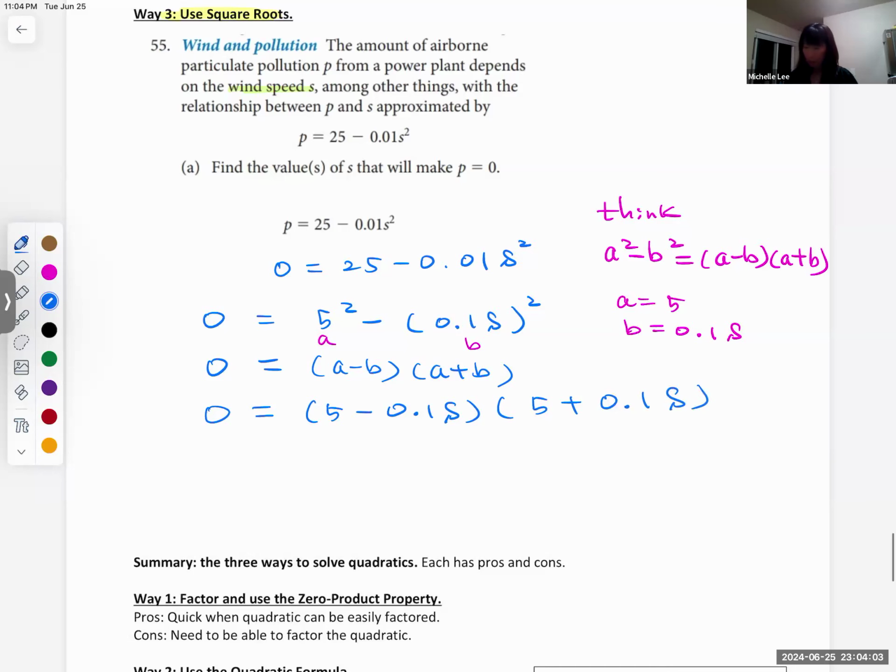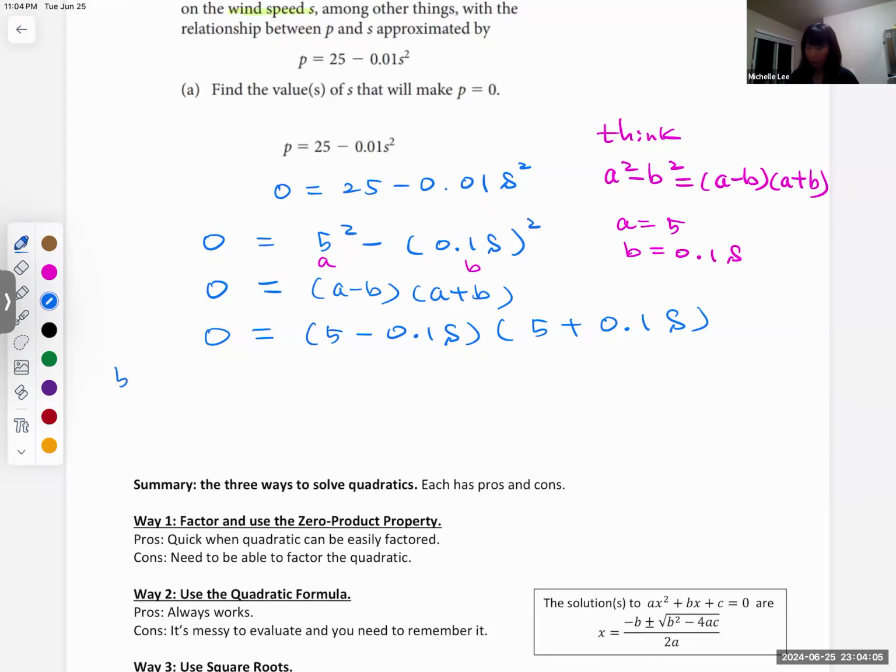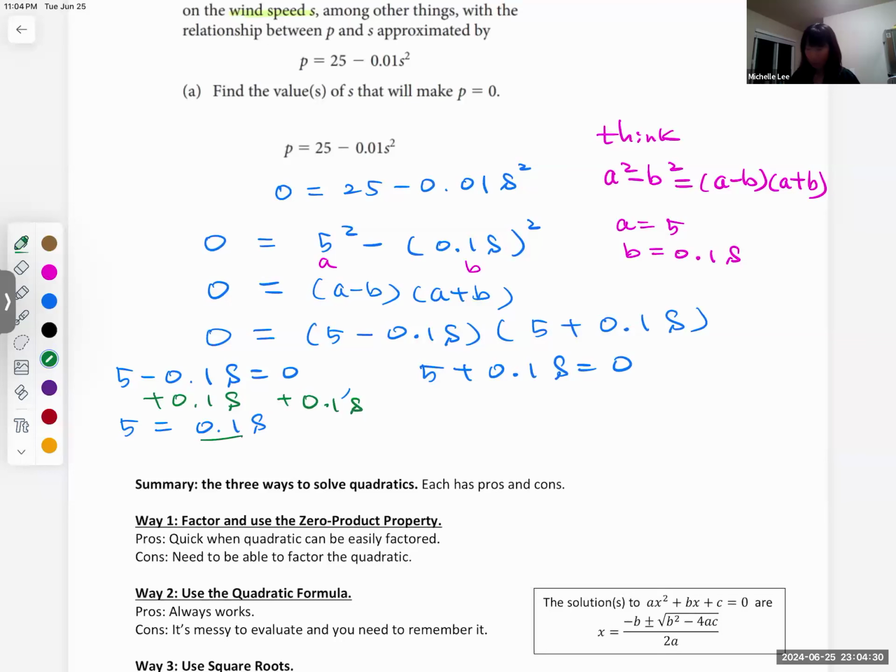Okay, so we have 5 minus 0.1 s equal to 0 by the zero product property, and we have 5 plus 0.1 s equal to 0. For this one, we add 0.1 s to both sides. So we have 5 equals 0.1 s. Then we divide by 0.1 on both sides.